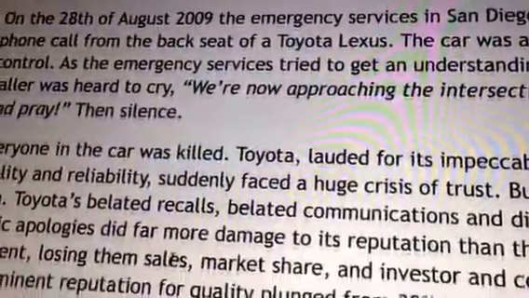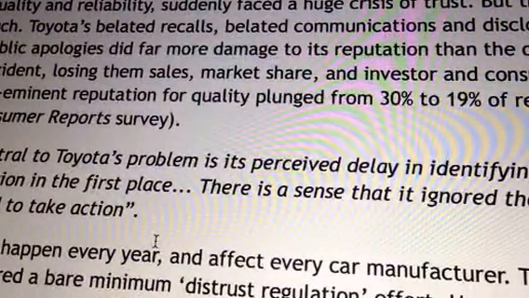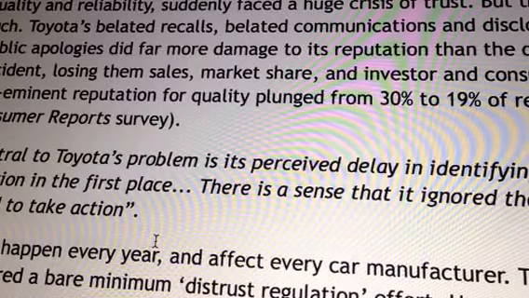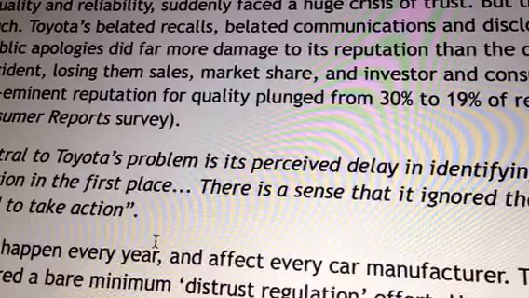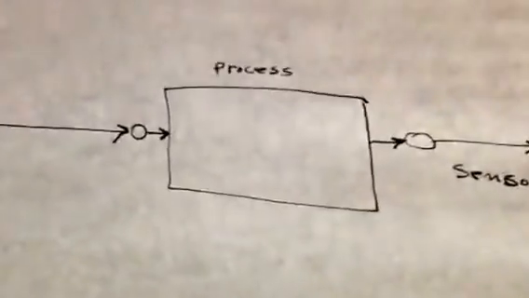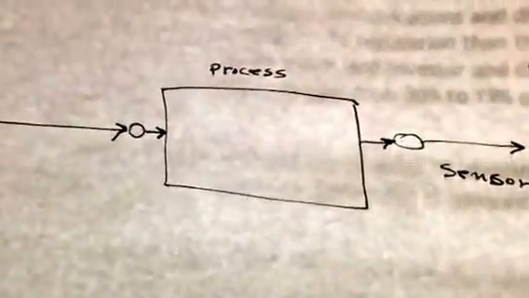But mainly the problem is the single loop and the hierarchy, because a single loop prevents learning. So only one guy is going to be the sensor when you want to draw your control model diagram. Here is the process.